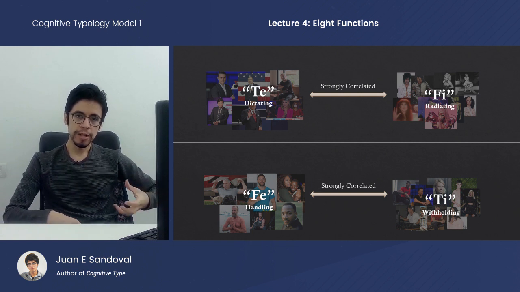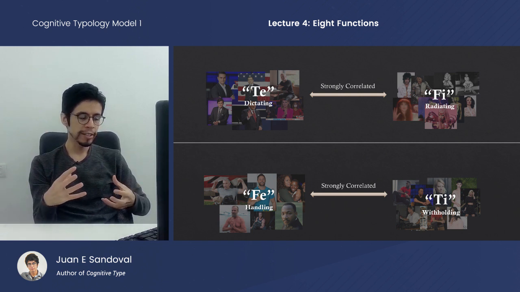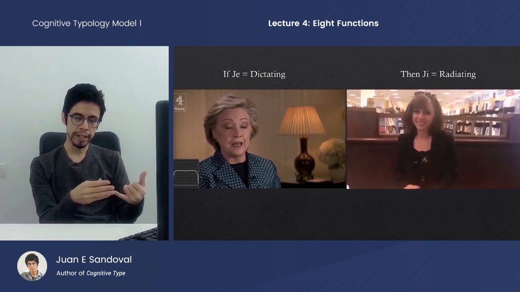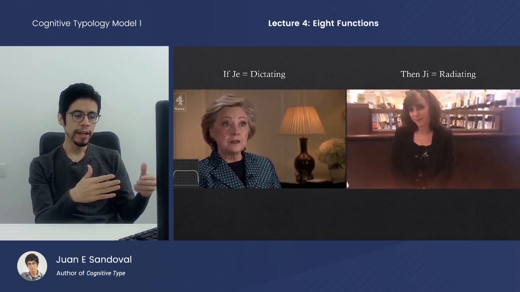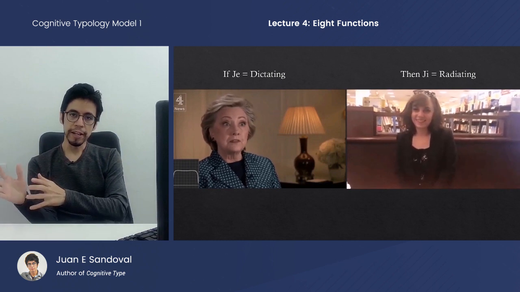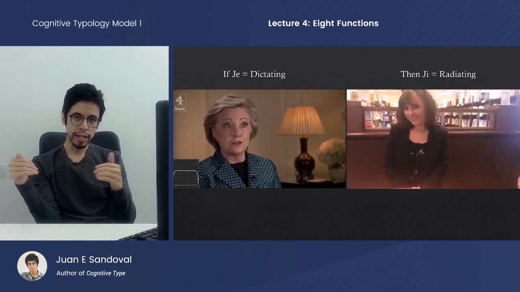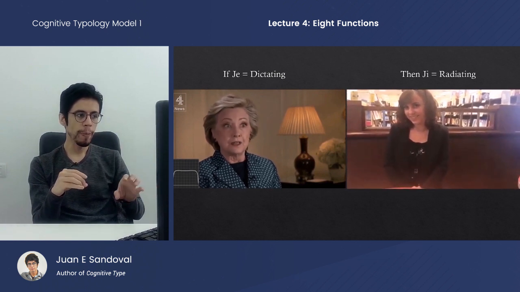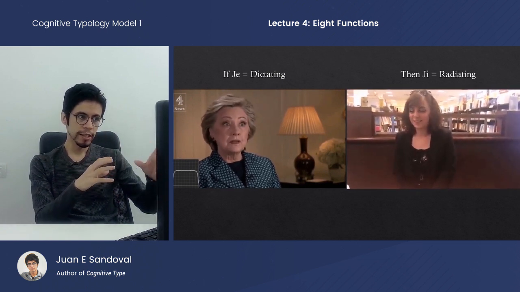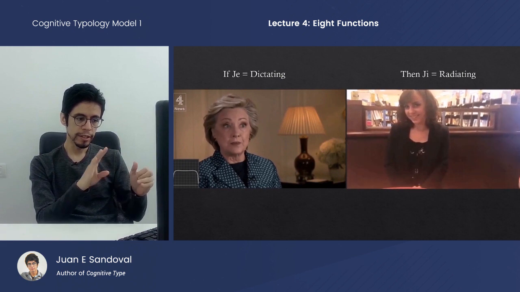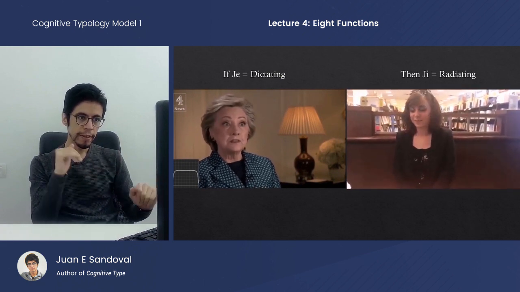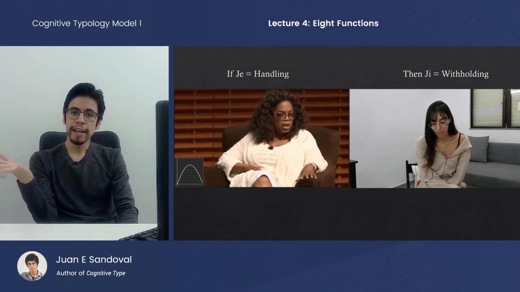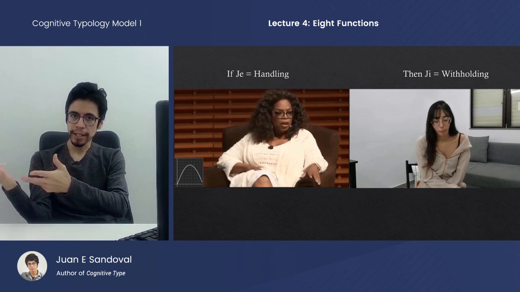But a way to visualize what this actually means in practice is if a person's JE is dictating and blunt and sassy and dismissive, then their JI, whenever they have moments of JI, because of course, remember, everybody oscillates between the four energetics, right? If a person's JE is the dictating, blunt, sassy, and dismissive, then when they express JI, it will be radiative and bashful and giddy and so forth.